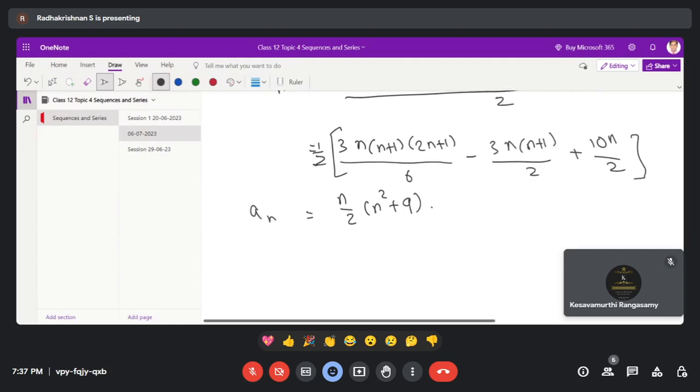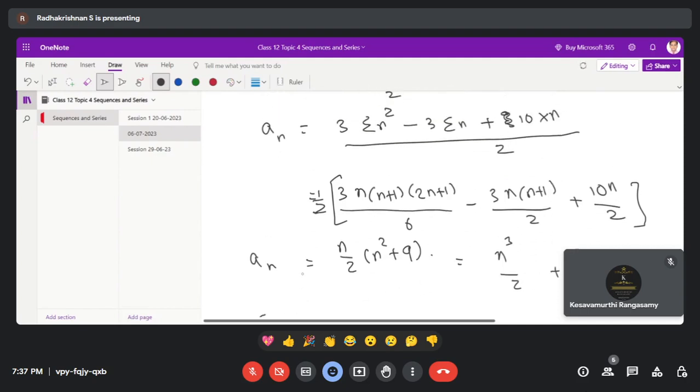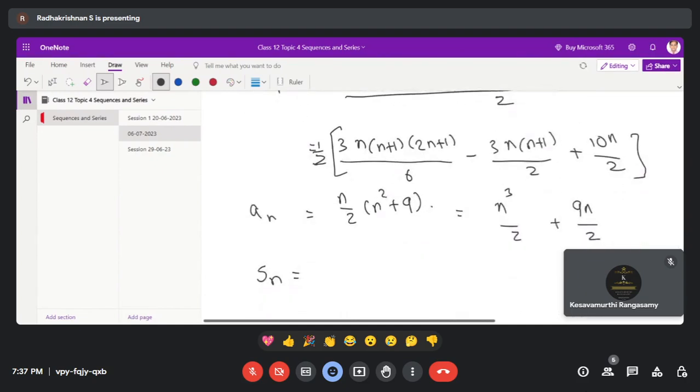So if this is your An, which is equal to n cube by 2 plus 9n by 2, okay, your Sn is one level above. So what does it say? Sn is sigma of An.